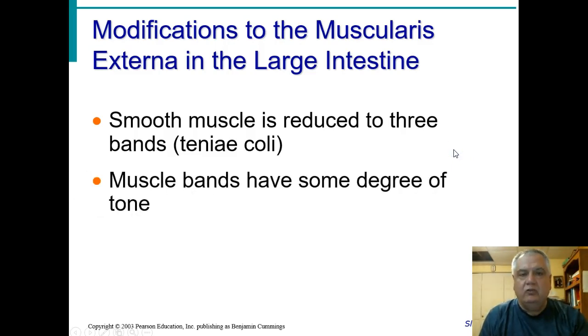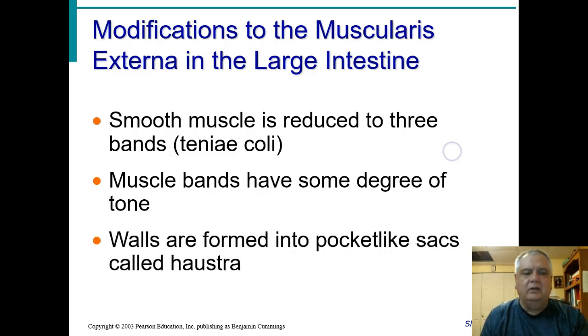These muscle bands do have some degree of tone, a slight contracted state, and because of that, and because the muscle doesn't go all the way around and only forms these three bands, it kind of pulls the wall into these pocket-like sacs, and these pocket-like sacs are referred to as haustra.